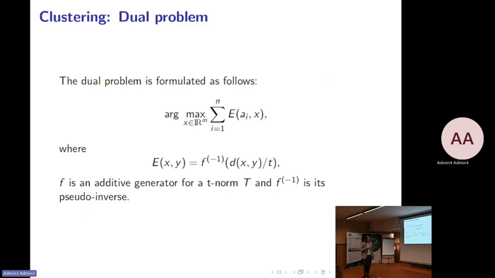And I will explain why it's important to start with this problem. And let me show how the objective function looks in this case, and how the parameter t influences the resulting objective function.